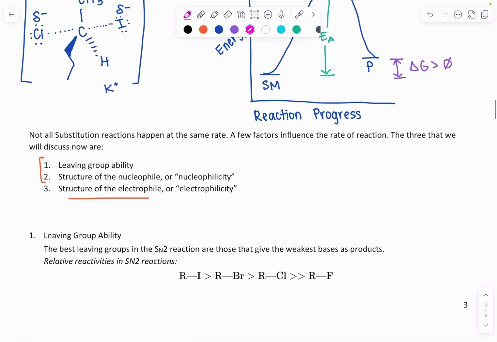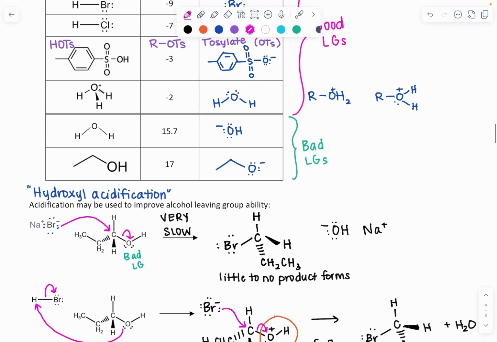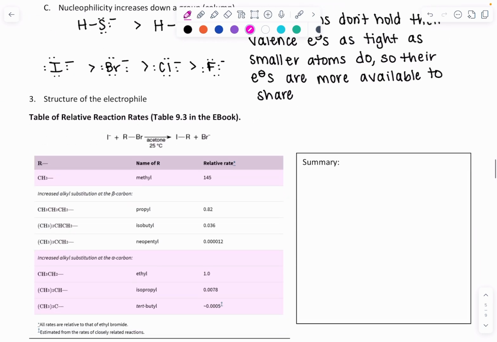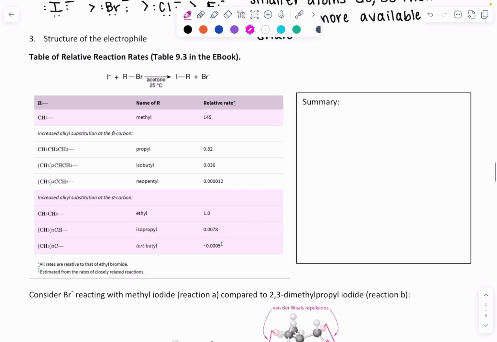Okay, so continuing to talk about structure of the electrophile, just scrolling down to where we'll start that. We're starting with this table of relative reaction rates. This is for substitution reactions, and we're looking at a reaction.